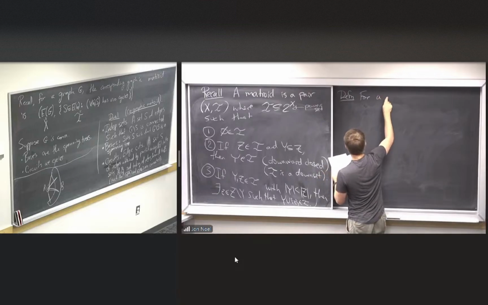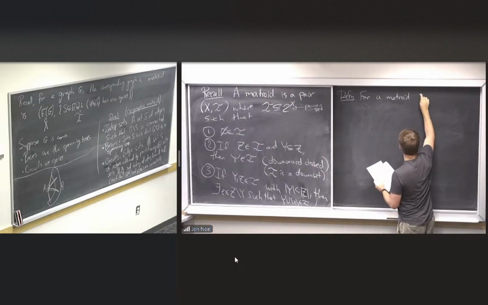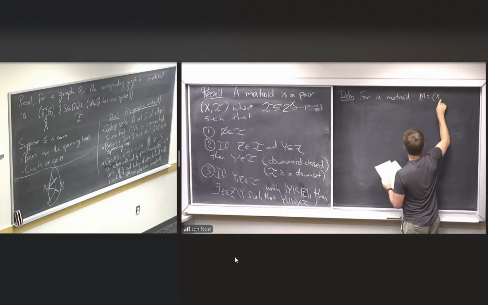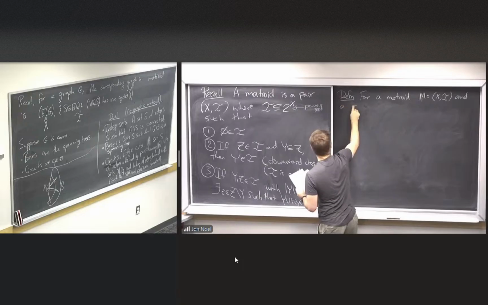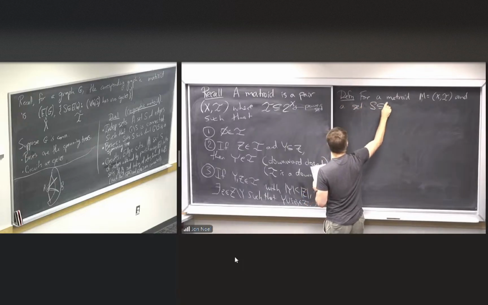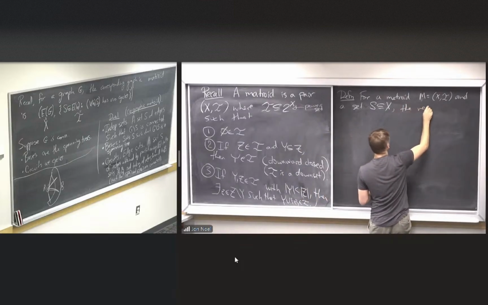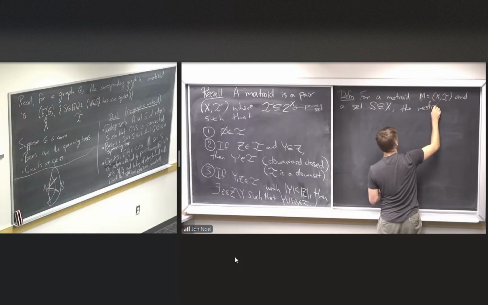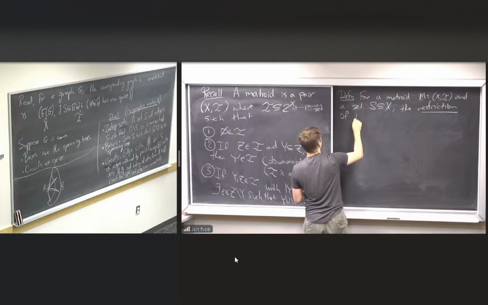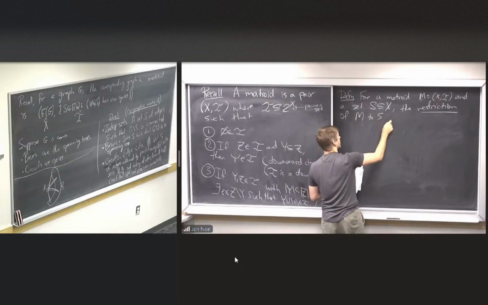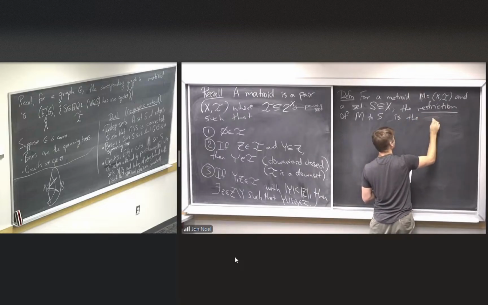So for a matroid M, which is a pair X, I, and a set S, which is a subset of X, the restriction of M to S is the matroid. Well, maybe I'll just say it's the pair.